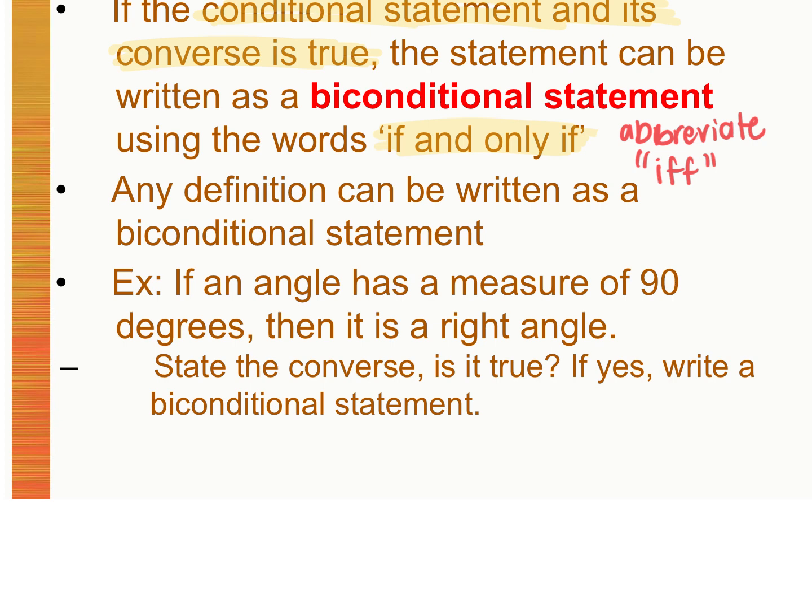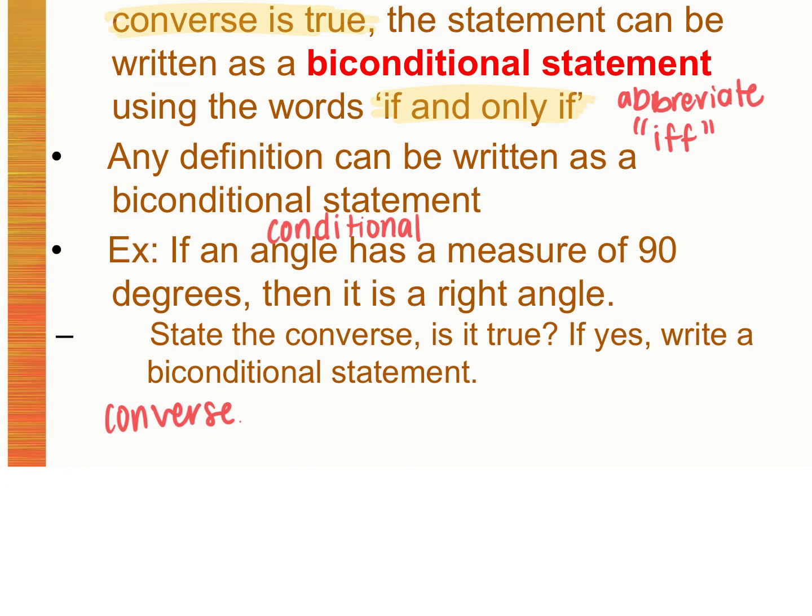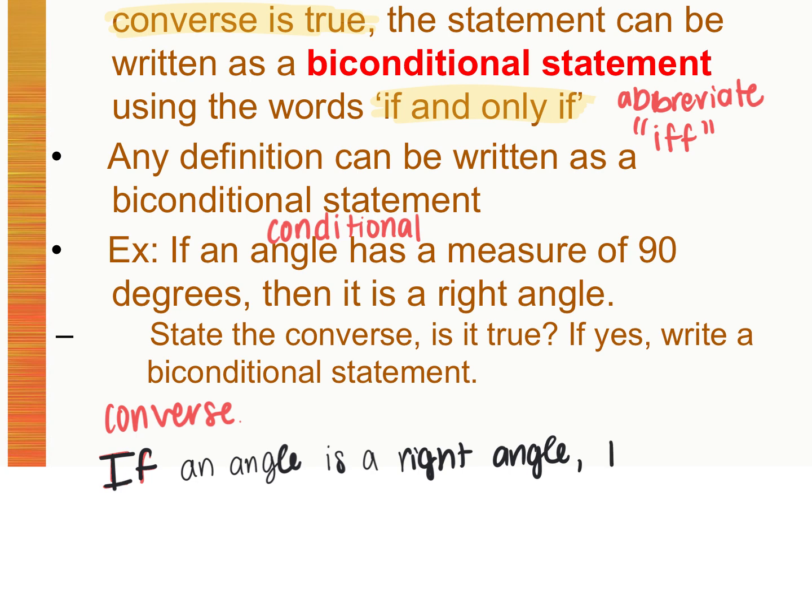This is my conditional. My converse is going to be: if an angle is a right angle, then it has a measure of 90 degrees.